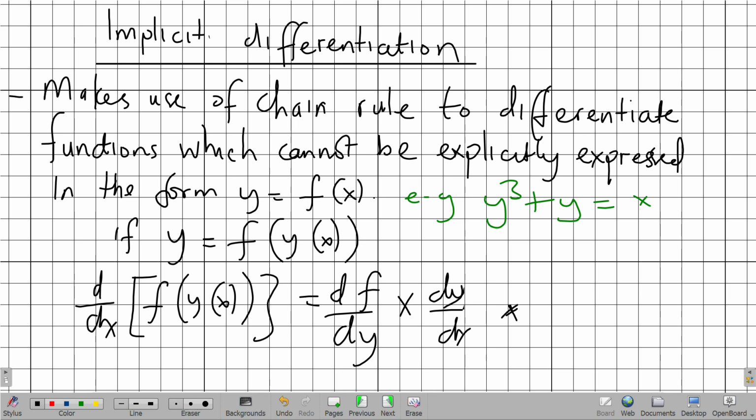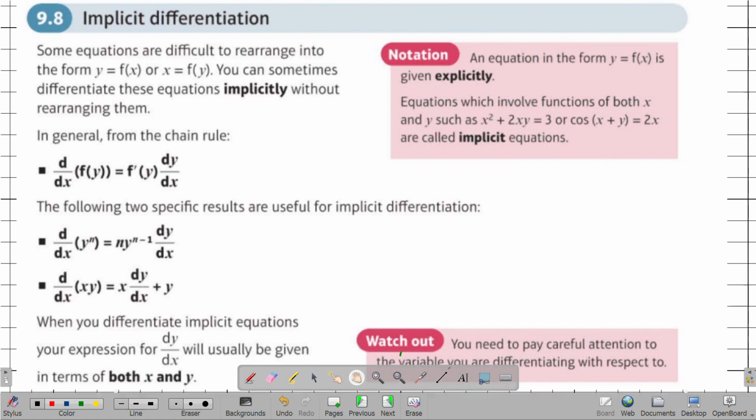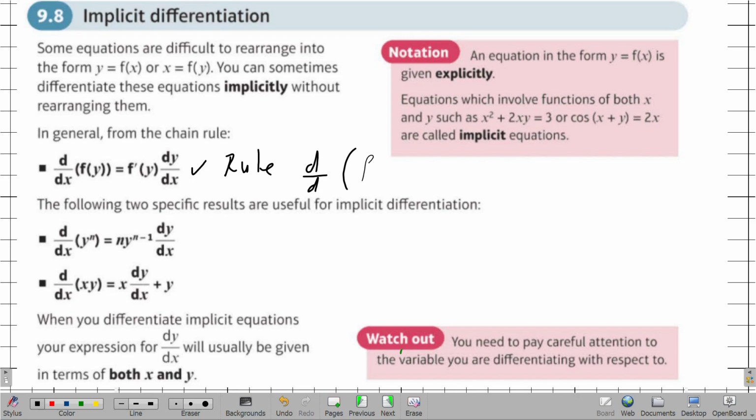This can be summarized by the notes that are here. This is basically the rule. So in most cases, you're not asked to prove that. You're just asked to use it. This is the same as just saying d of f of y of x in here, let me close the bracket.